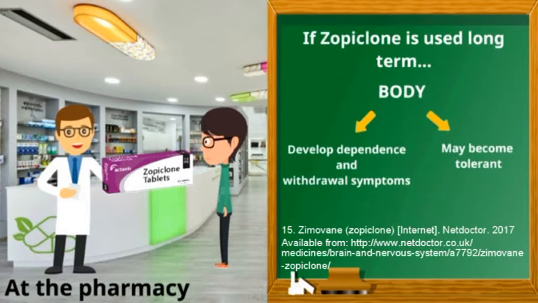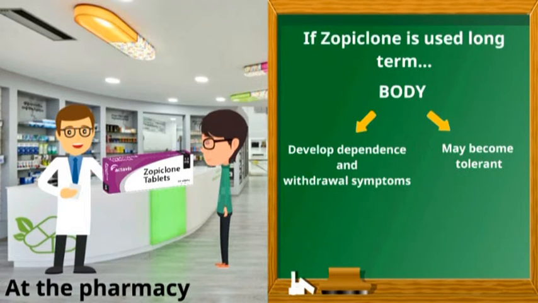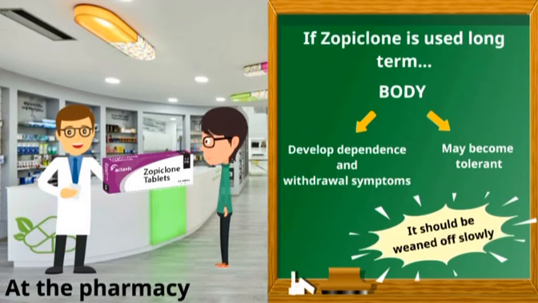The human body may also become tolerant to Zopiclone, which means higher doses would be needed to achieve the same effect. For this reason, Zopiclone should be taken with caution, as directed by the prescriber, and at the recommended dosage. It should also be weaned off slowly, rather than abruptly stopped.